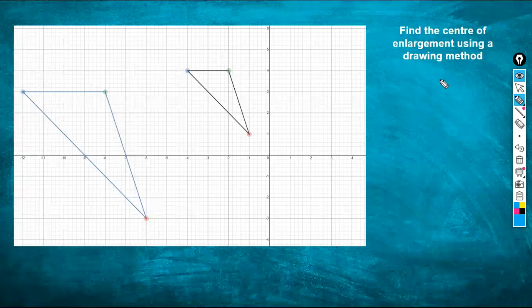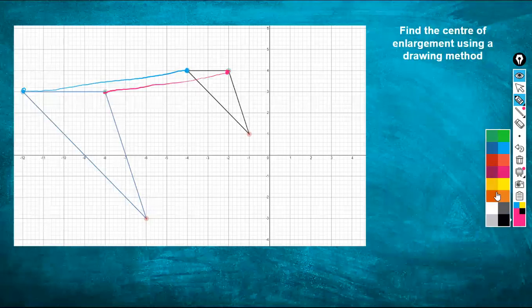This is a reverse question. So they already enlarged the triangle for you. They gave you the final answer, and they want to know where all the lines are coming from. What's the point everything is coming from? All you have to do is connect 2 similar points on the triangle. These 2 match up, and didn't this point grow up to become this point? Didn't this point grow up to become this point?